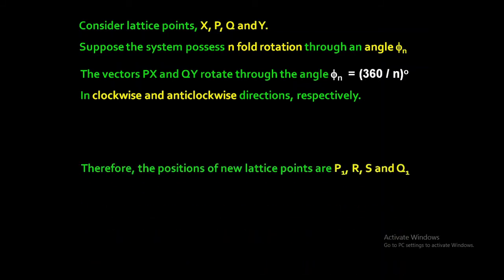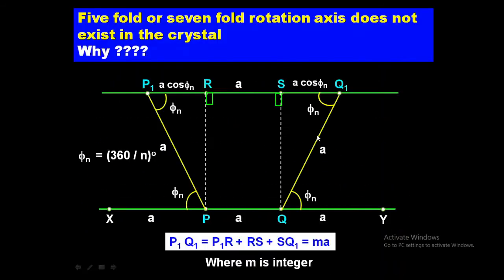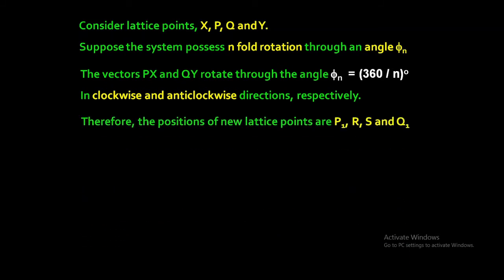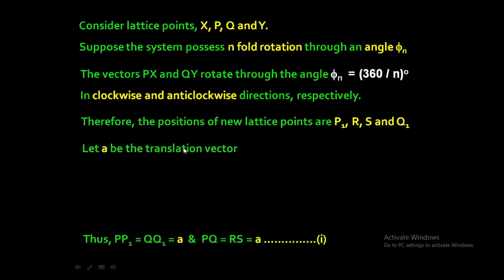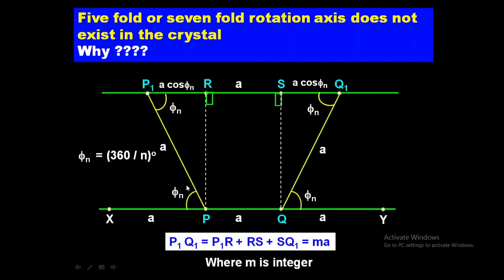Therefore the positions of the new lattice points are P1, R, S, Q1, so that the lattice surrounding should not be changed. A is the translation vector, so PP1 is equal to QQ1 is equal to A. Just look at the figure. PP1 and QQ1 are A, and RS is equal to PQ, also A.